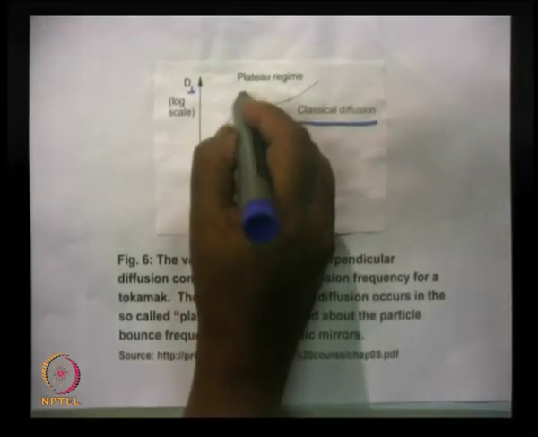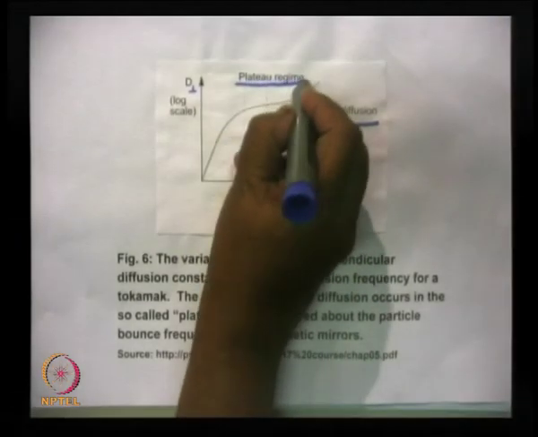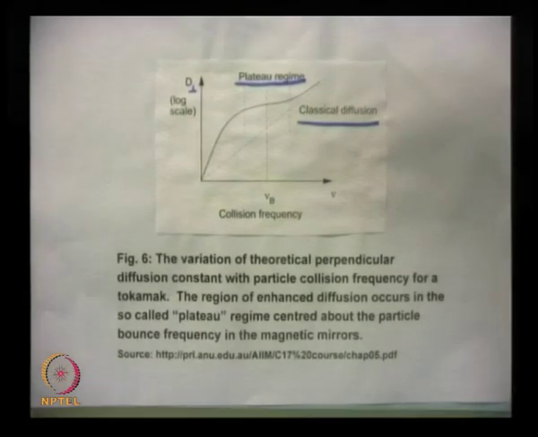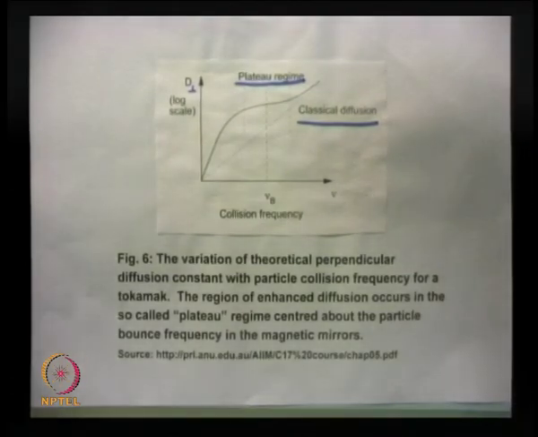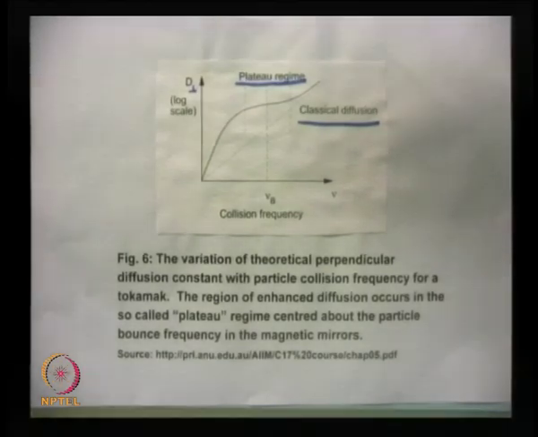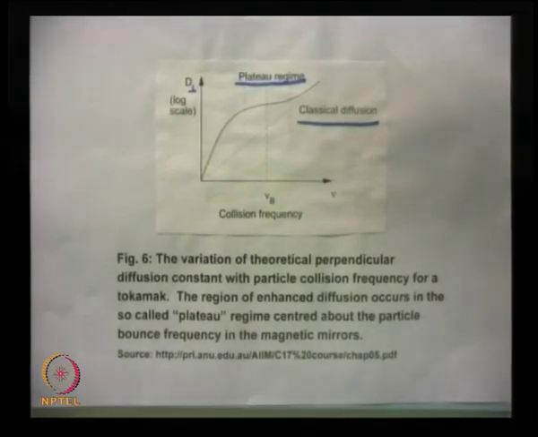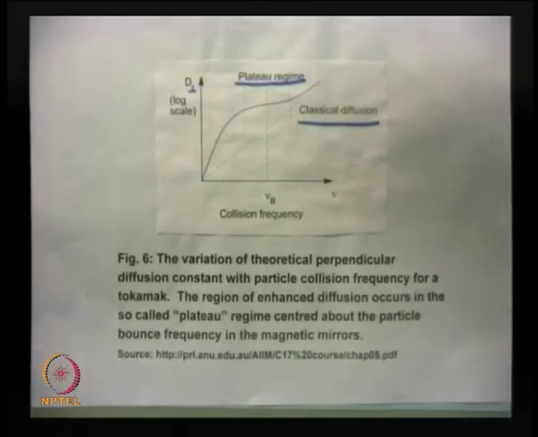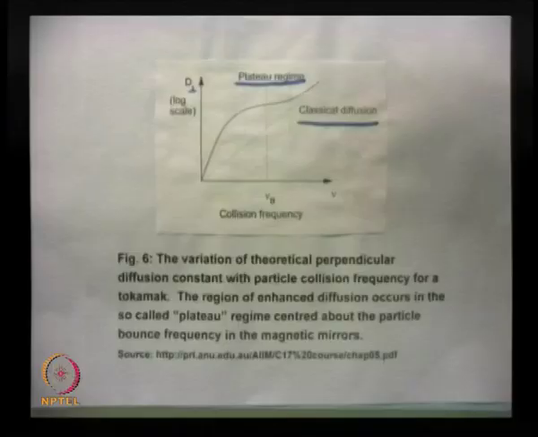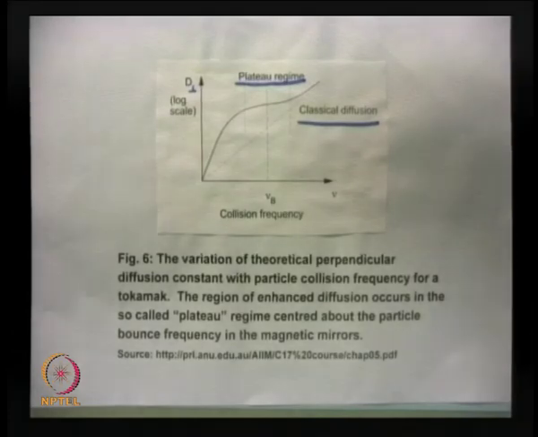There is an enhanced diffusion in this so called Plateau regime. It is an experimentally observed situation, and it is still an area of active research for explaining this particular diffusion phenomenon, which appears in a tokamak in controlled thermonuclear fusion.